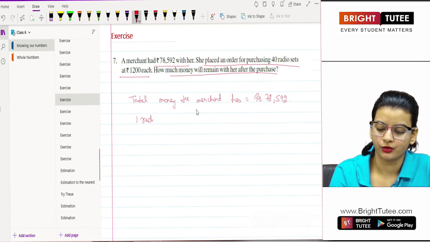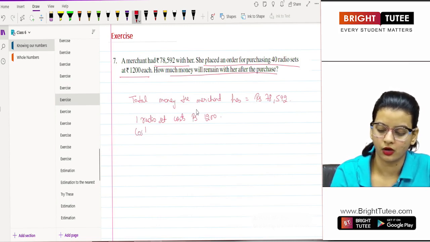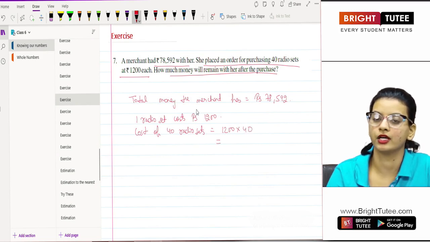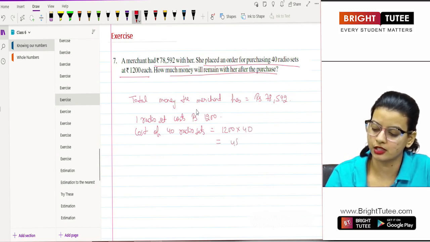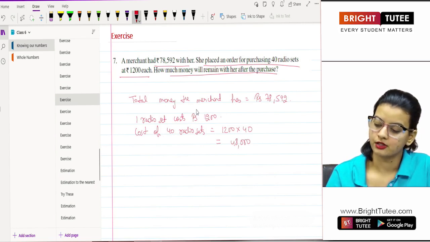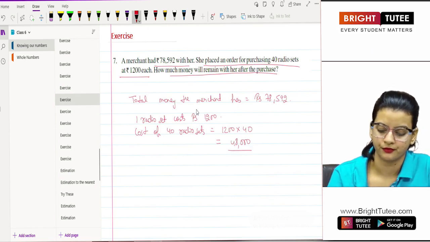One radio set costs rupees 1,200, so the cost of 40 radio sets is equal to 1,200 into 40. That is 12 into 4 is 48 and 000, so that is 48,000. So she has placed an order of rupees 48,000.